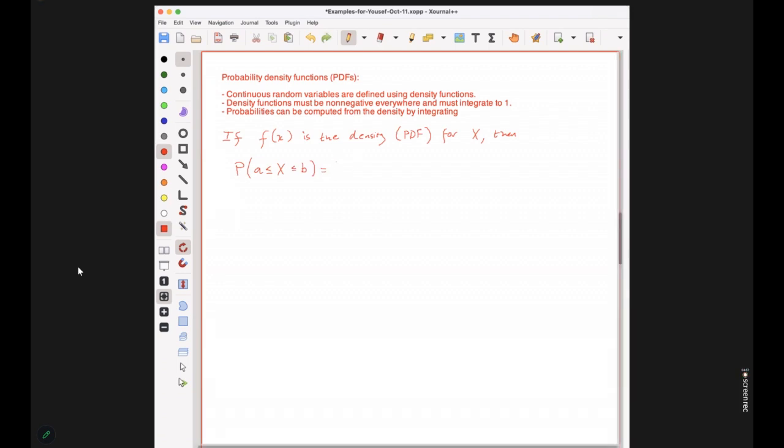just to emphasize something about continuous distributions. This is the same thing as this quantity here, which is the same thing as this, which is the same thing as this. So whether you're looking at a less than or a less than or equal to makes no difference for continuous distributions.